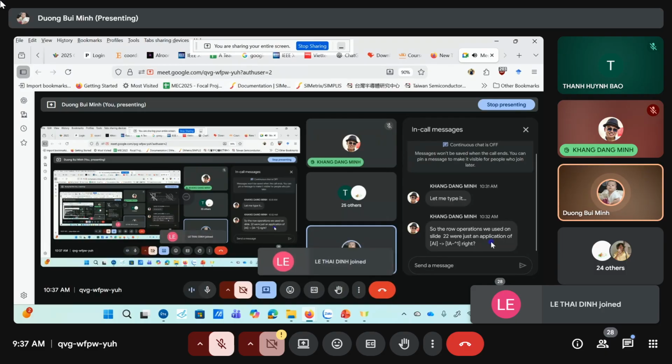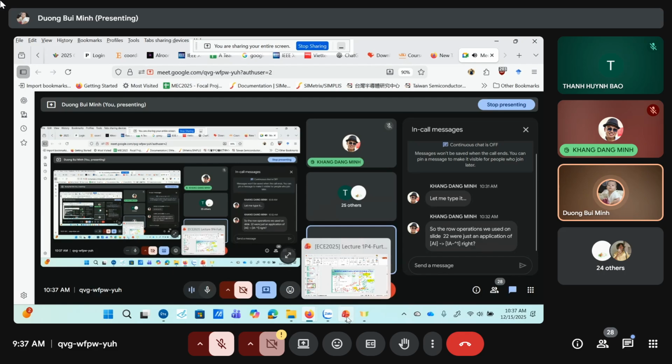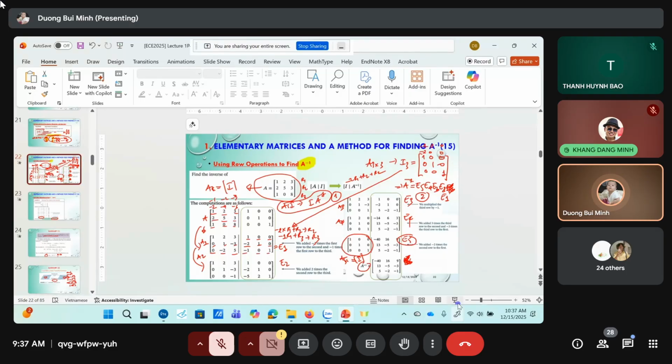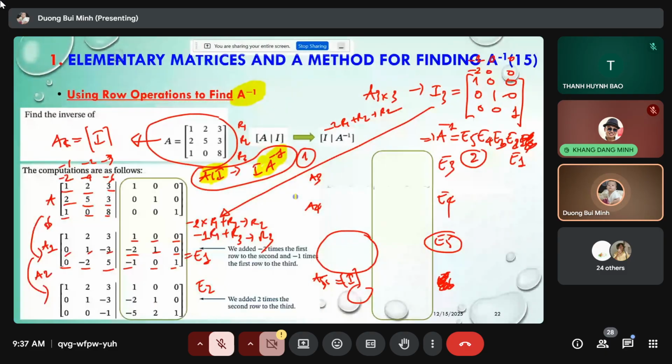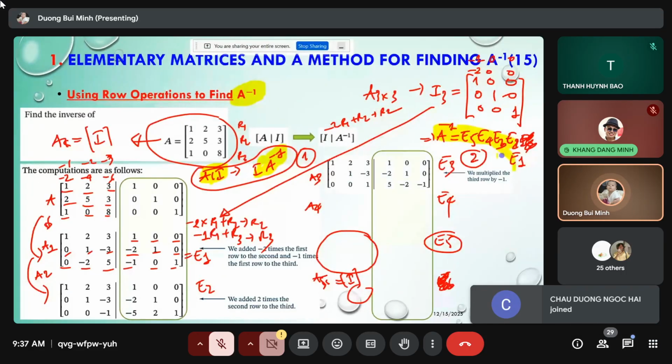The row operations we used on slide 22 were just an application. Yes, correct. As I mentioned before, this one is for finding the inverse of A. If we apply the second method, you need to consider every step.